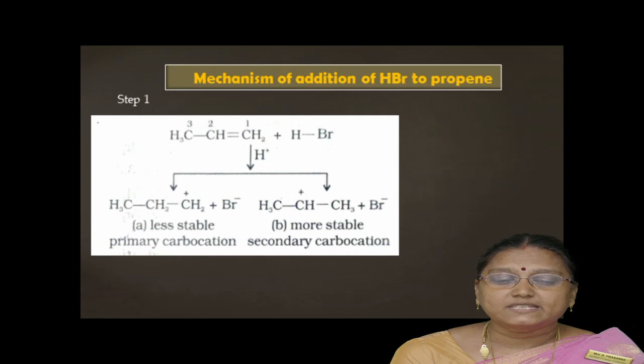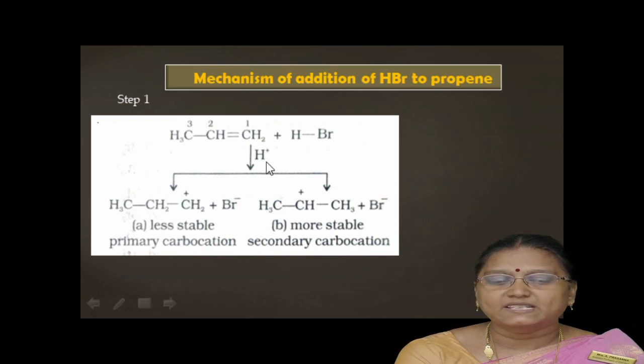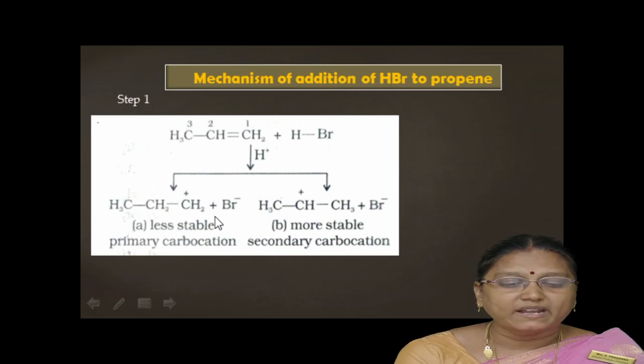In the first step, actually this is electrophilic addition reaction. So, electrophile H plus attacks the propene, leading to the formation of carbocation. So, what is carbocation? This is the positively charged carbon atom.